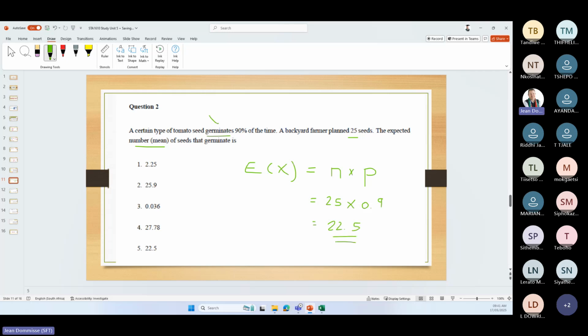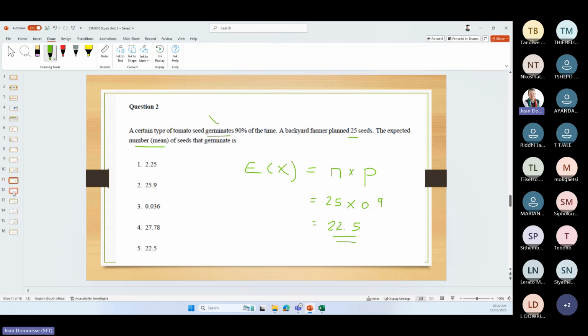So again, don't need to look at all those other questions and things like that. It is just straight. The mean is n times p, and we get that answer.